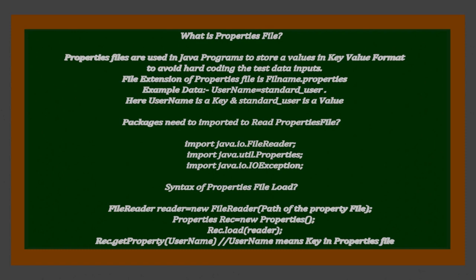For example, in my case, I have a file named global.properties. That's how it works. I have shown you an example of how you store the data. In the example, username equals standard means the key is username and standard is the value.